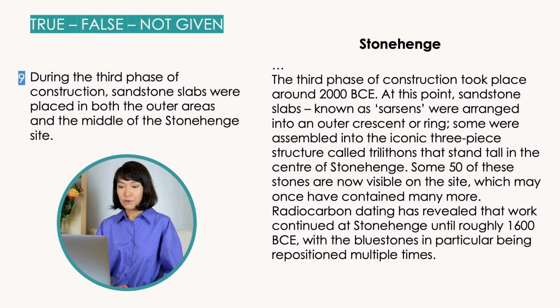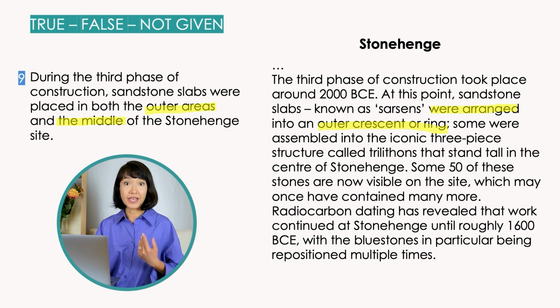Ready? So we need to understand whether those slabs or big stones were placed in both the outer areas and the middle of the site. Let's have a look. So slabs were arranged, so instead of placed, we have arranged into an outer crescent or ring.